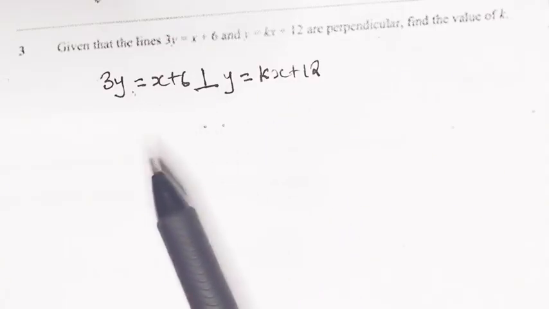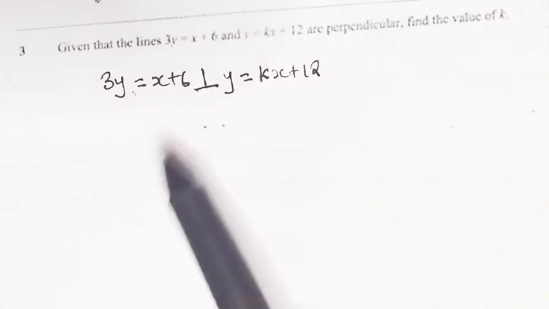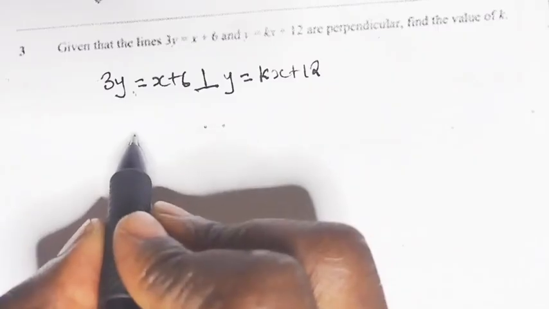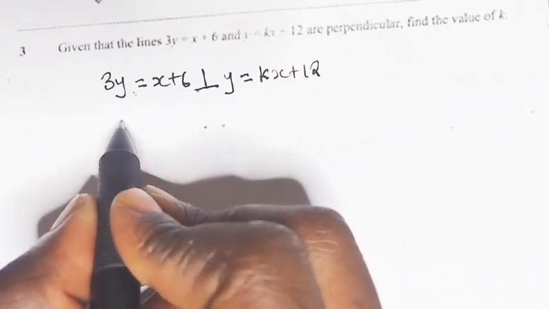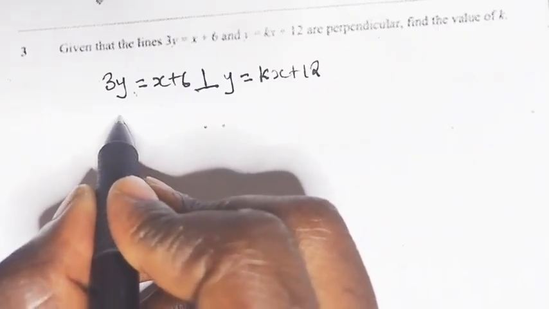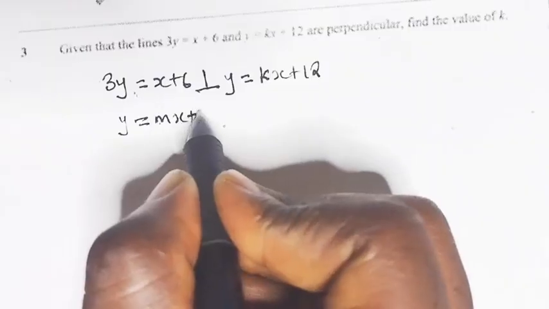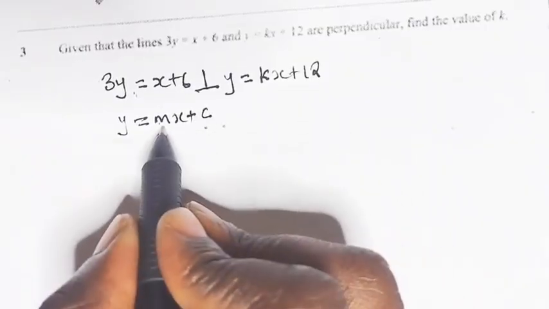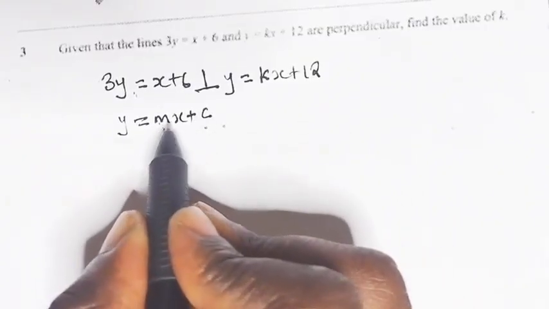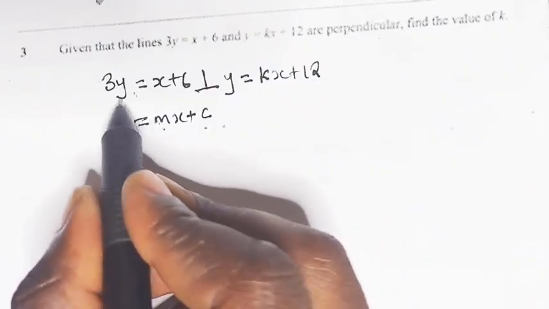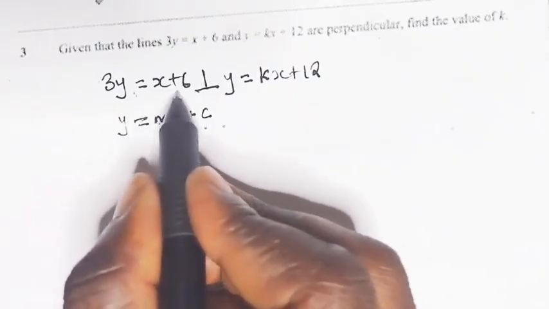So first thing, let us find the gradient of this line. We must know the equation of a line, y is equal to mx plus c. This m represents the gradient. The coefficient of x here is the gradient. So let us write this first line in this form.